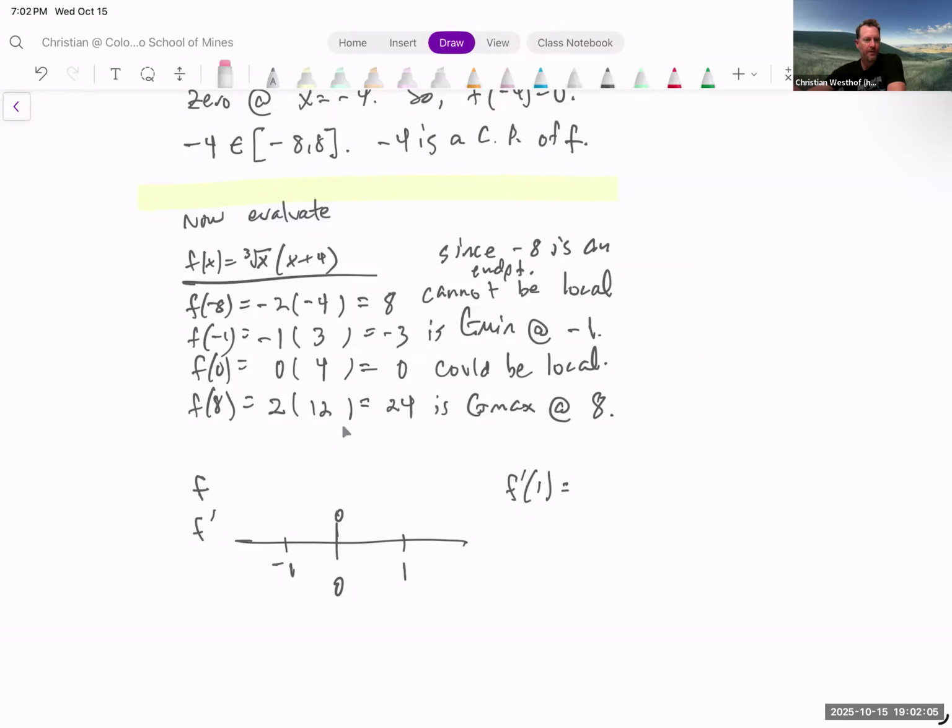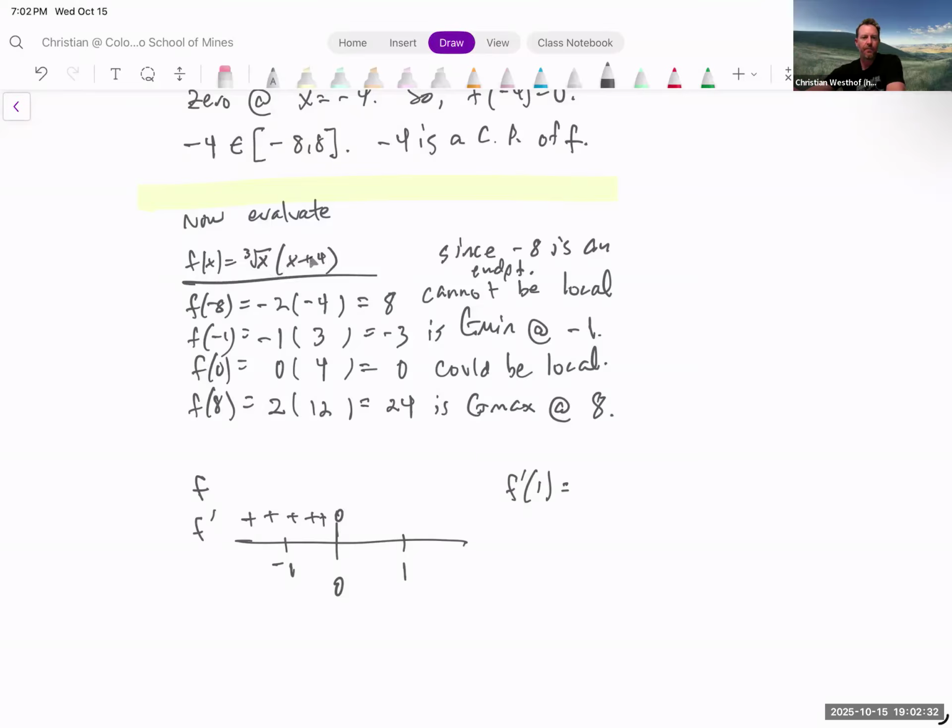At -1, we already know what it is. At -1, it's -3. So we have negatives on that interval. If we weren't convinced about -1, we could do -0.5, but it would still be negative.